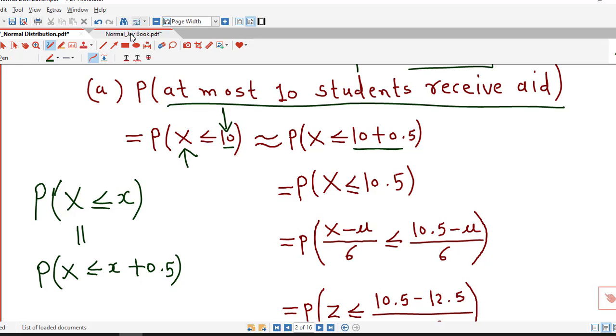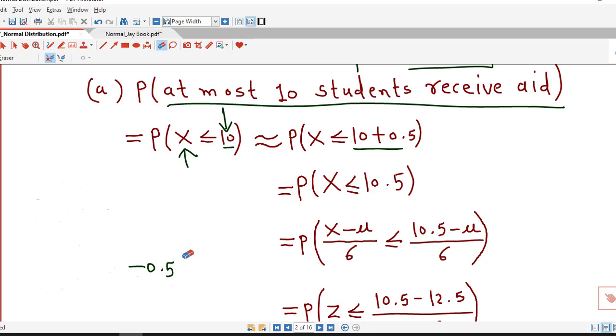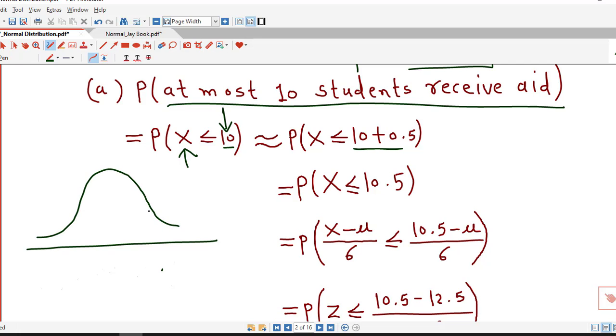If you want to understand this, as we have discussed in the last lecture, because X is a discrete random variable, we are approximating X with a normal distribution. Suppose this is the value of capital X equal to 10, and we are asked to find the probability that capital X is at most 10.